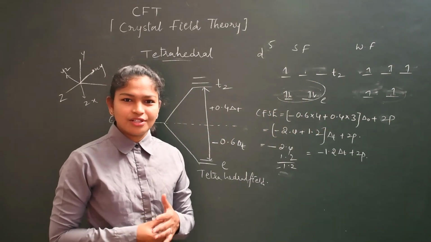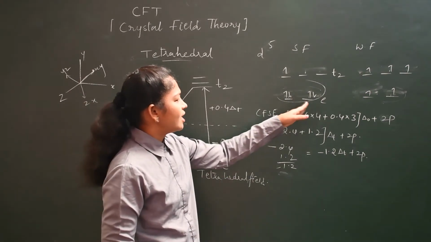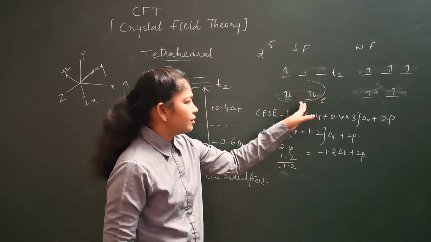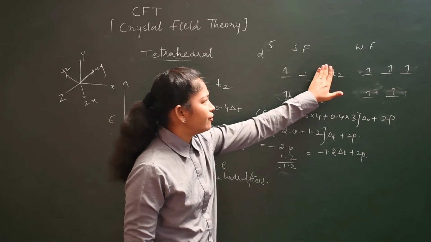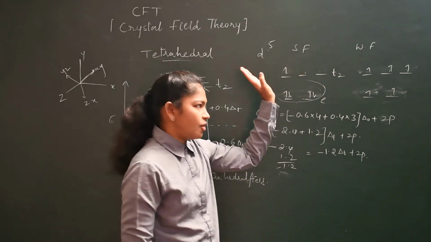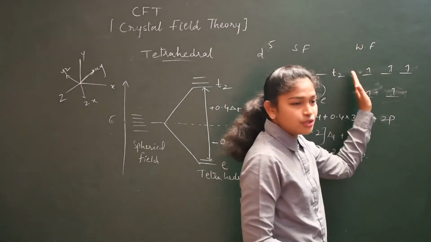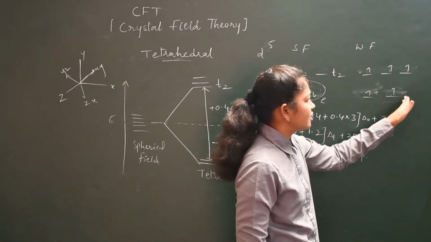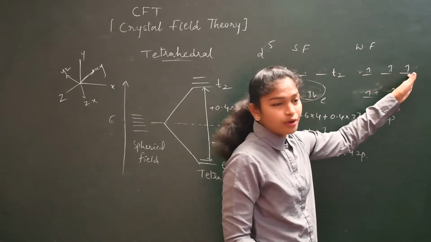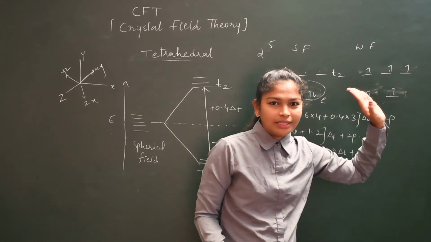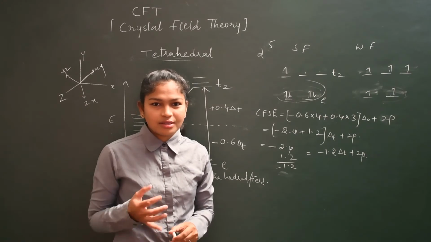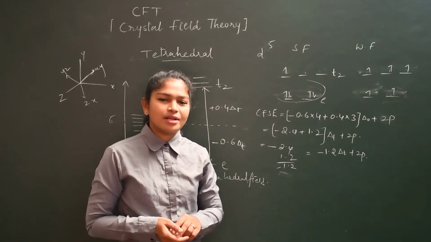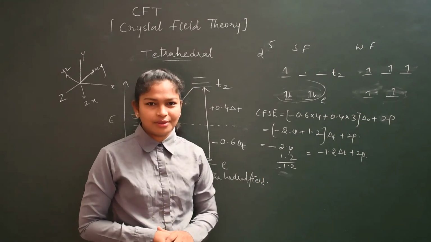Now we can calculate CFSE: minus 0.6 into 4 plus 0.4 into 1. Then for weak field, minus 0.6 into 2 plus 0.4 into 3. I think you can calculate it, right? Here also we will take some tetrahedral complexes and calculate CFSE for them.